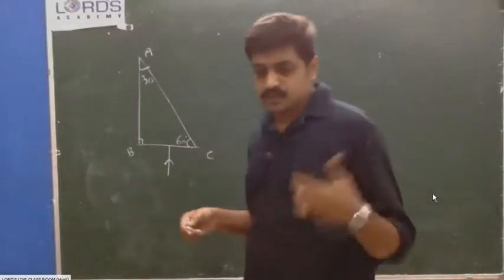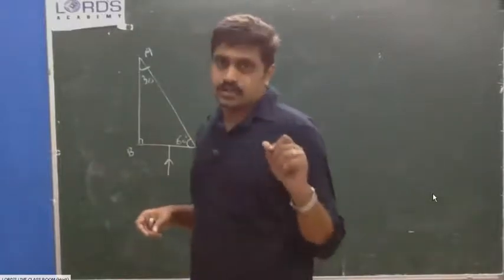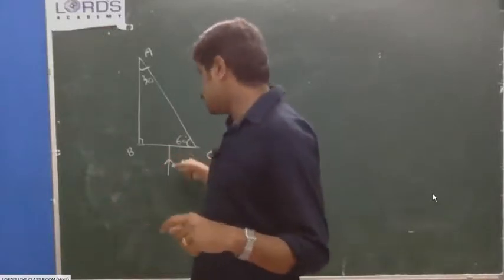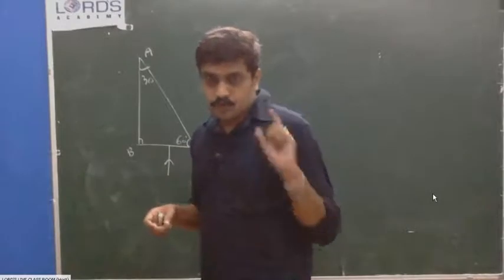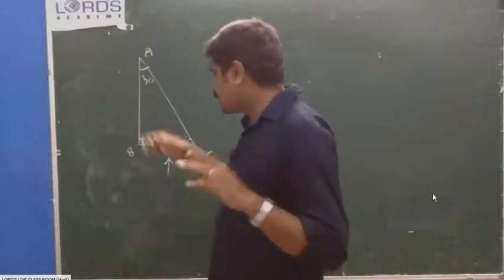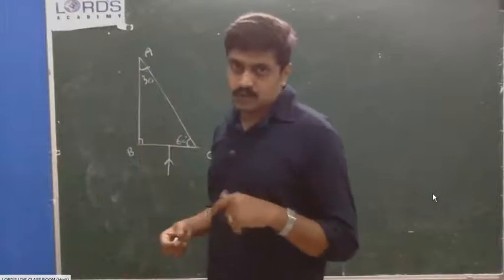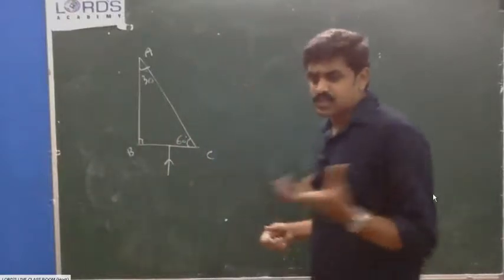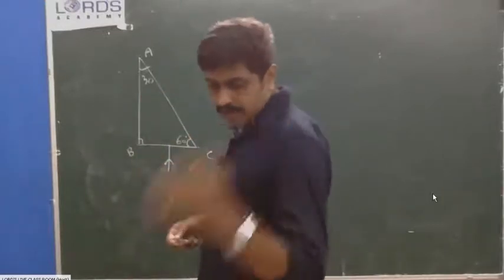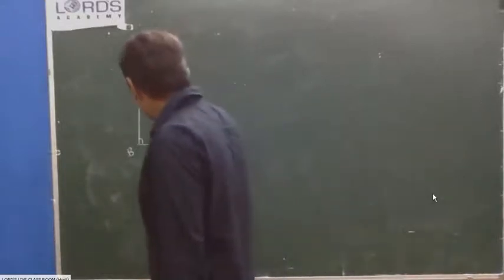Through BC means you have to understand that it is the side opposite to the 30 degree angle. Otherwise, with the name alone you can't distinguish which side it is. Incident at 0 degree, what happened? No deviation, and it reaches here.